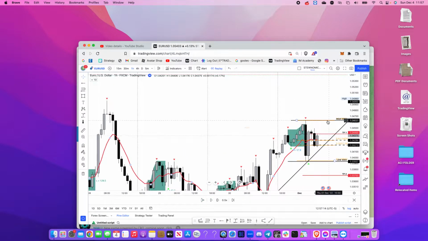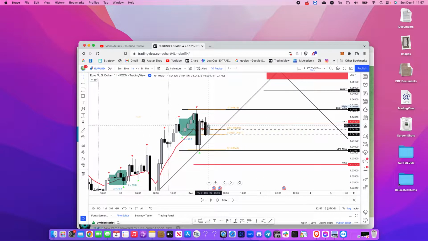The reason I'm breaking it down to here is because I want to get the best move possible within here. Is there an entry for when the market broke out here? When this market broke out here, I want to find the last sell candle, and I'm going to base my entry off of that.